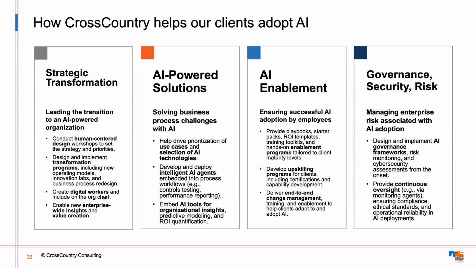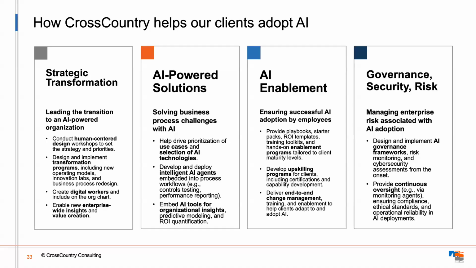The second swim lane here is AI-powered solutions. This is where we focus on very targeted, high-value use cases, not generic AI. A strong example that will be part of what we display at Coupa Inspire is auto accrual AI, which directly addresses one of finance's biggest pain points.